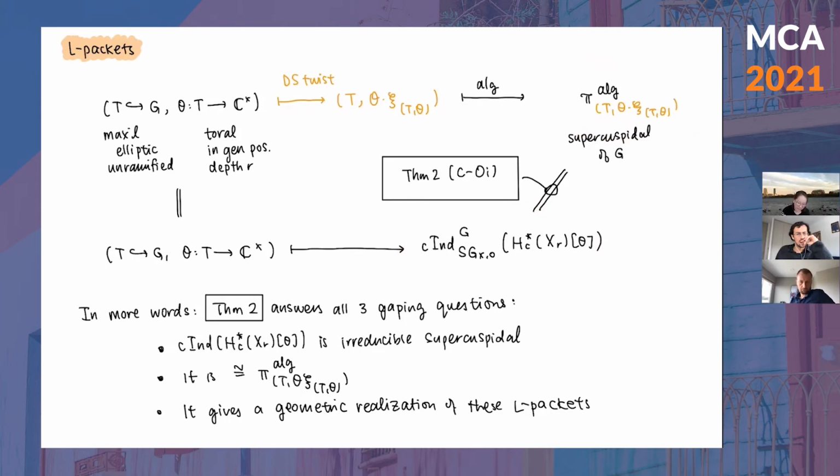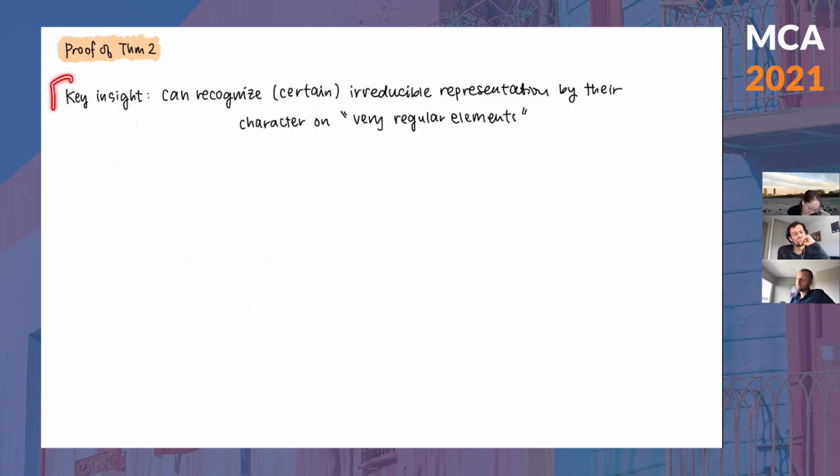The key idea in proving theorem 2 is that sometimes you're in a situation when a representation can be recognized from the character at only a few of the elements. So there are some special elements where the character behaves very nicely and has a very simple formula. And on those elements, it's actually enough to determine the entire representation. And so that's this sentence here.